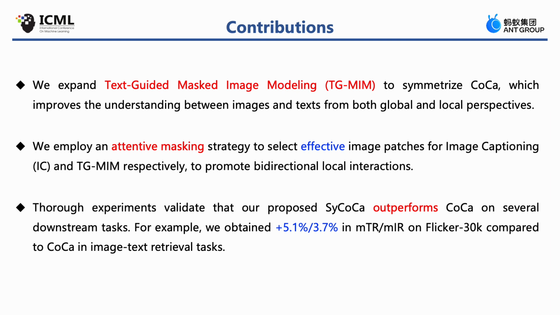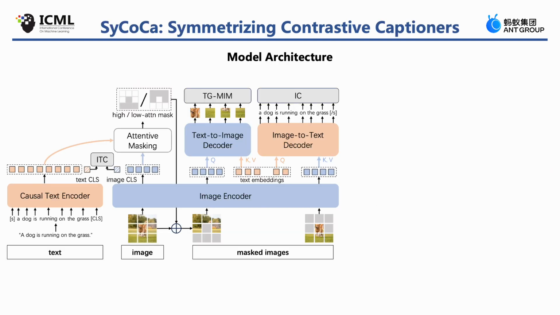Second, we employ an attentive masking strategy to select effective image patches for image captioning and TGMIM respectively to promote the bidirectional local interactions. And thirdly, we validate that our proposed SyCoCa outperforms CoCa on several downstream tasks.